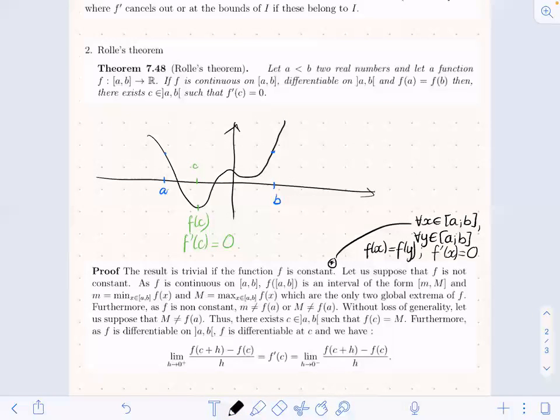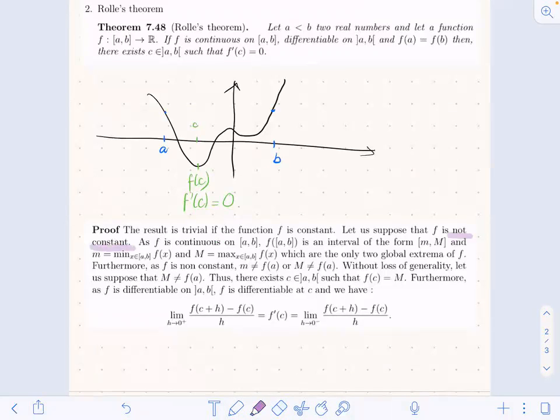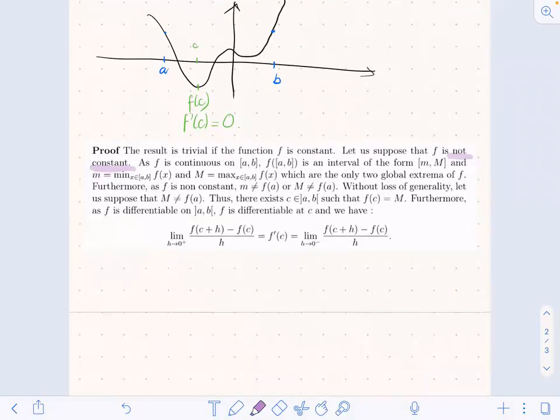So it follows simply from the fact that your function is constant, continuous and differentiable. That is just from the definition of the constant function. So with that in mind, we can suppose that the function is not constant, and we'll use the fact that it's not constant to do the proof.